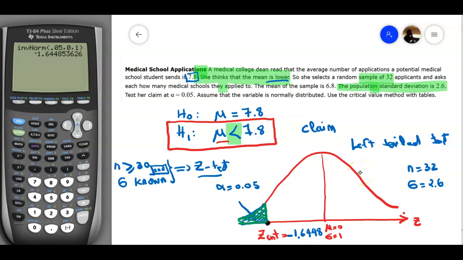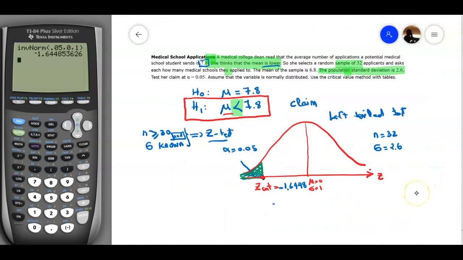So here z is going to be minus 1.64. It could be as well minus 1.65 because this is what the table gives you. So it can be either minus 1.64 or minus 1.65.